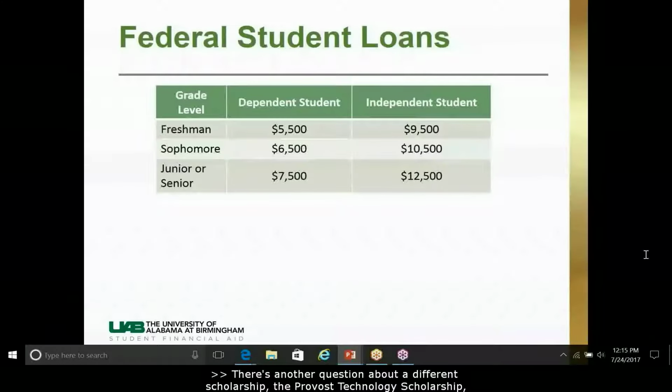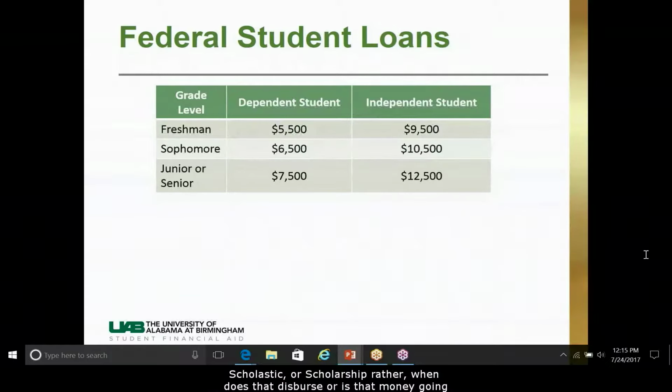There's another question about a different scholarship, the Provost Technology Scholarship. When does that disperse, and is that money going directly onto their one card or to direct deposit? The Provost Technology Scholarship disperses in the same way. Unfortunately, since no funds can be released prior to the first day of classes, the $1,000 disperses all in the fall semester.